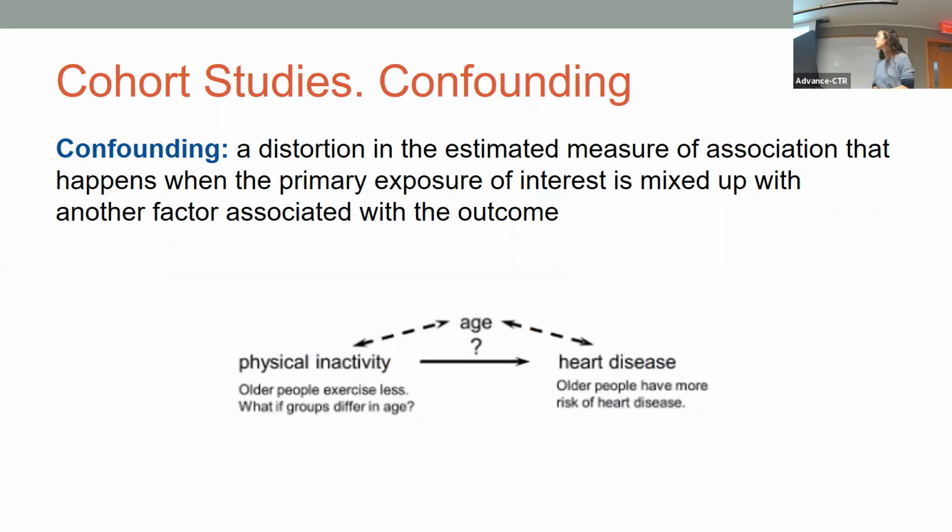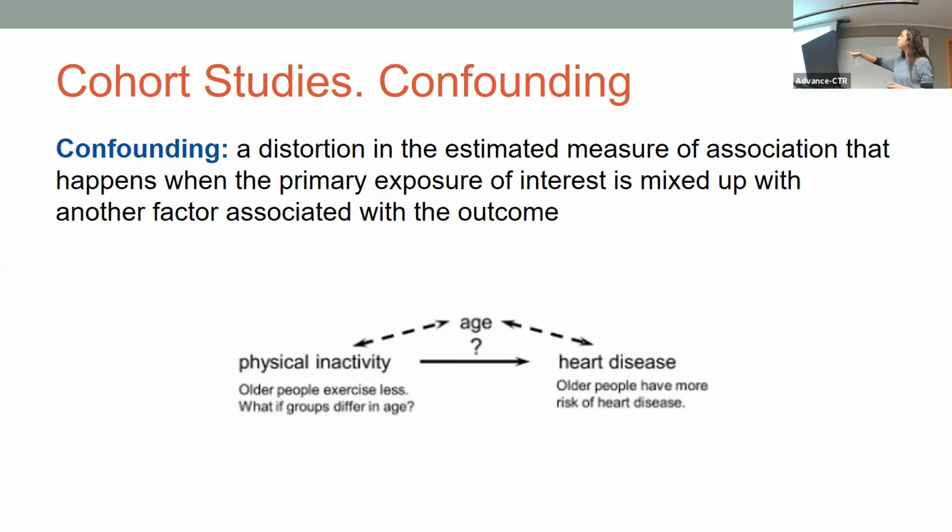So the third type of potential issue with a cohort study is that of confounding. Confounding occurs when whatever measure of association you're trying to estimate is impacted because the primary exposure of interest is actually mixed up with some other factor that's also associated with the outcome or disease.